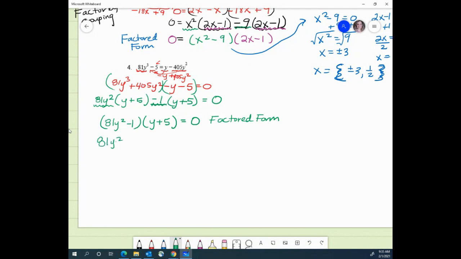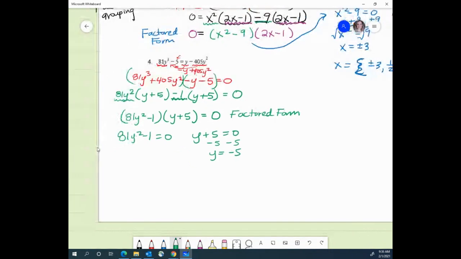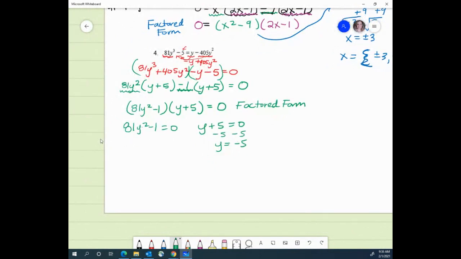All right, split those factors apart. Set them equal to 0. And solve. Let's do the easy one first. Y equals negative 5 over here. And then our first one, let's add 1. Get 81y squared equals 1. And divide by 81. Y squared equals 1 over 81.